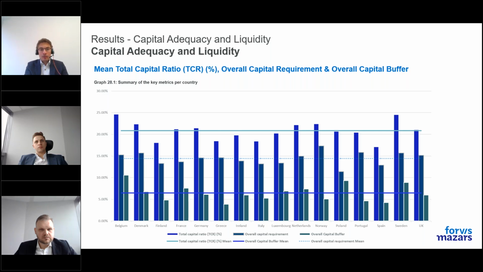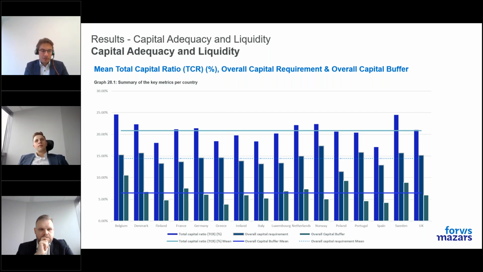In this slide, you can see the mean total capital ratio, overall capital requirement, and overall capital buffer per country, with average levels for each ratio observed in our sample. Some insights from the analysis are that Belgium and Sweden have the highest total capital ratio, while Spain has the lowest one.